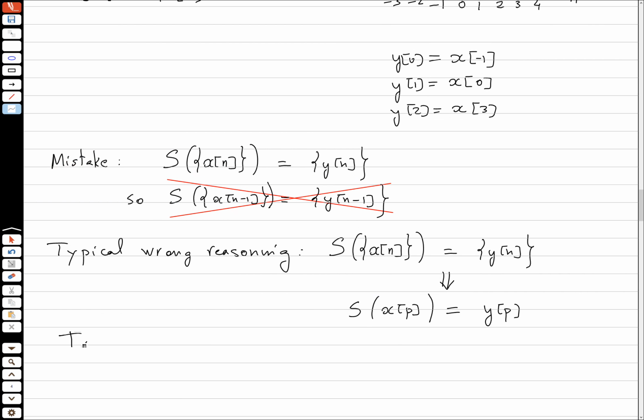Take p equals n minus 1. Therefore, S of x of n minus 1 equals y of n minus 1. Okay, what was wrong in this reasoning?